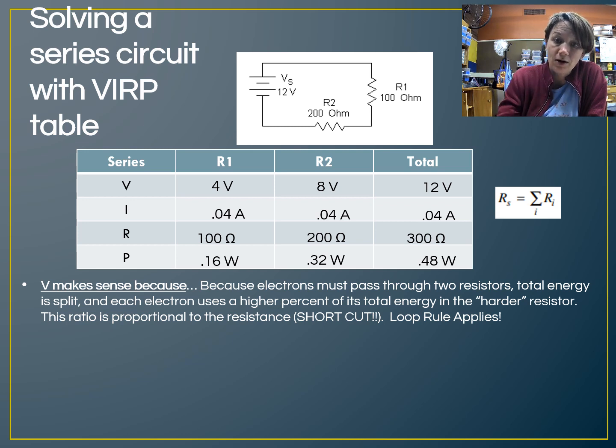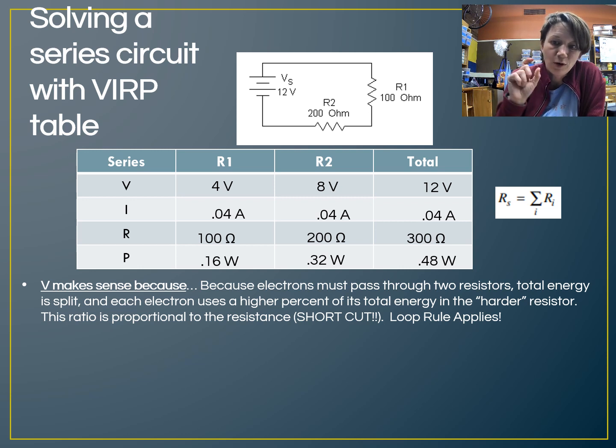They sum to 12. You also should notice that each electron uses more of its energy in the higher or harder to pass through resistor, and we see that in the table. We use 8 volts of energy in the 200 ohm resistor and only 4 volts in the 100 ohm resistor. You also should note that the ratio of the voltage is the same as the ratio of the resistance.